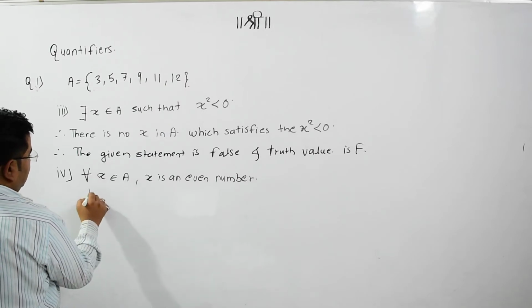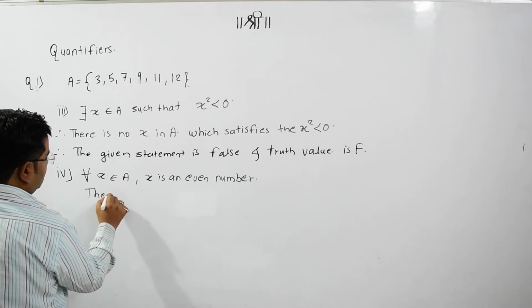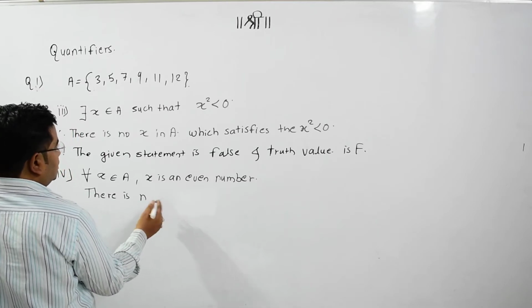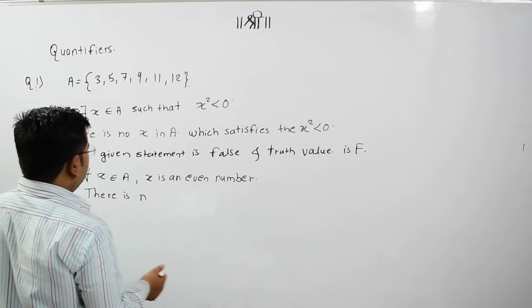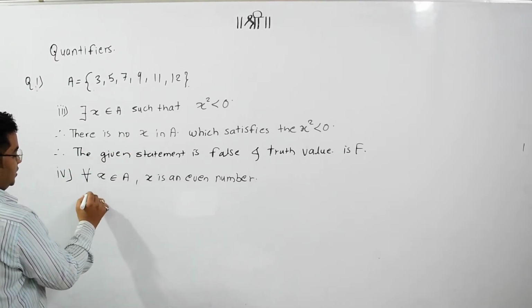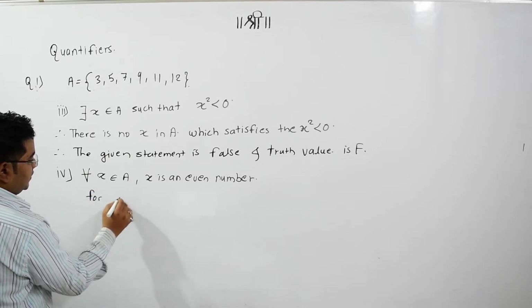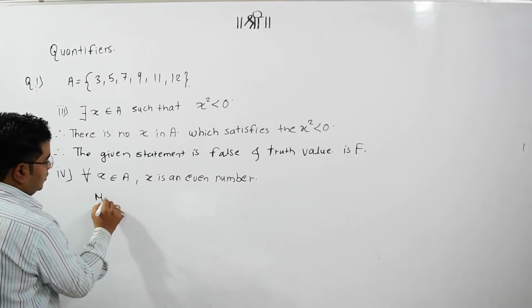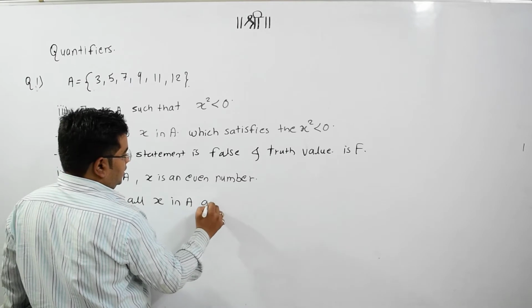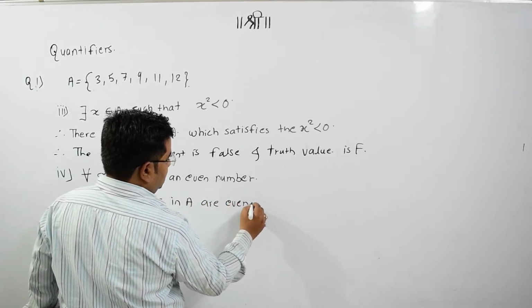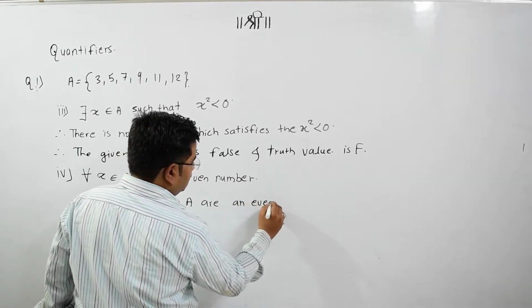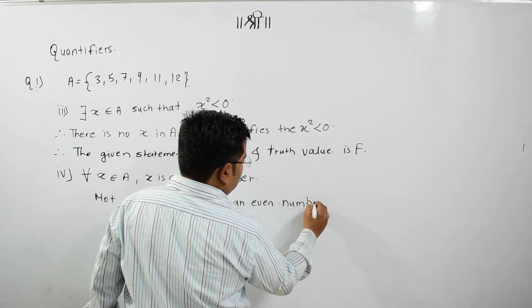So therefore again we need to put this statement: there is no x in A. Okay, instead of that what can we say? Not all x in A are even. Instead of this statement what should I write? Otherwise, not all x in A are even numbers.